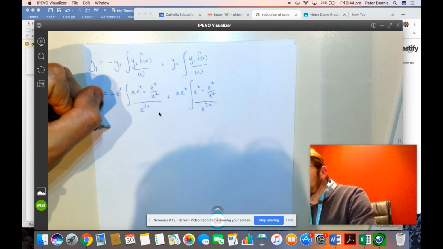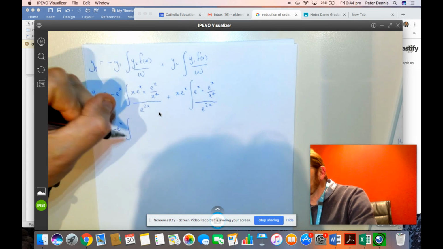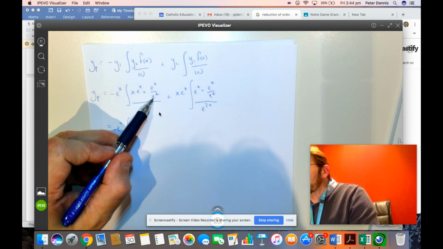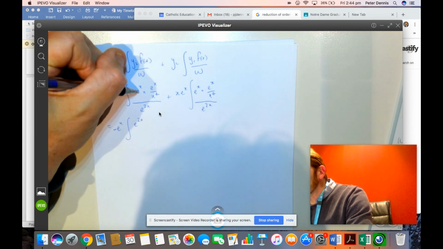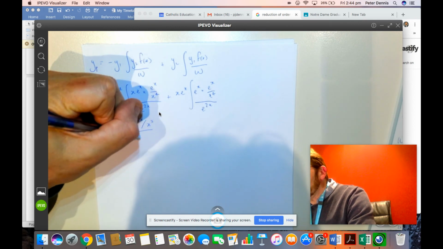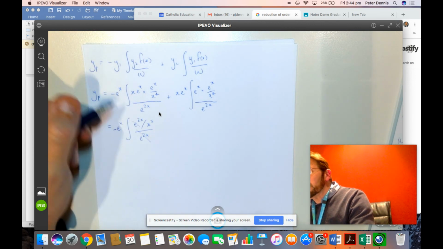But most of this cancels out, and this will tend to happen. If we multiply these, we get x to the power of 3 on the bottom. This becomes e to the 2x at top over x to the power of 3 over e to the power of 2x, which is nice because these two will cancel out.